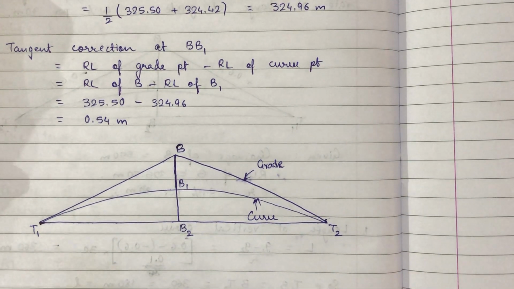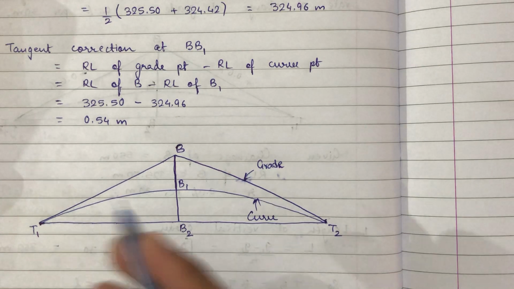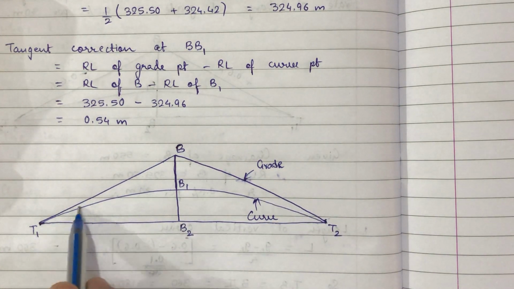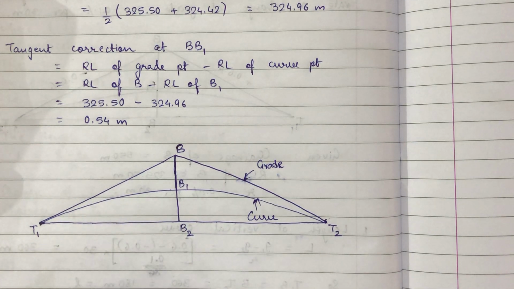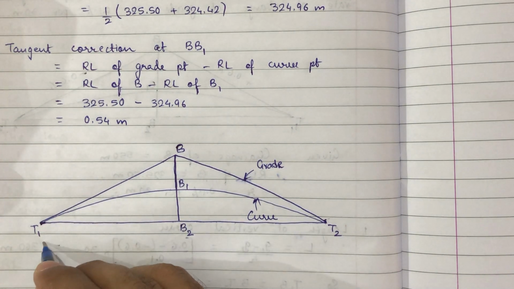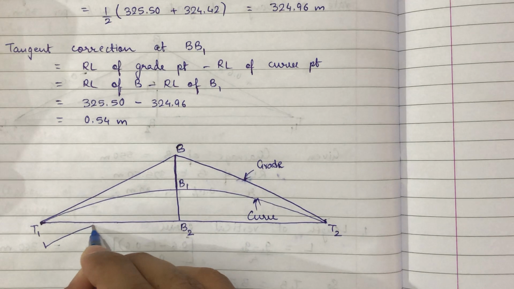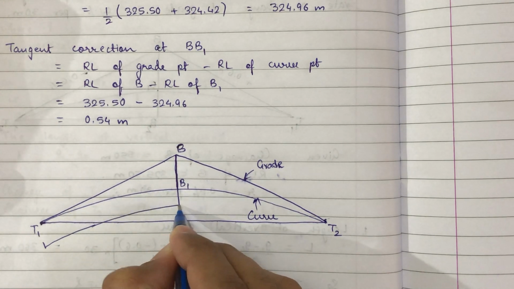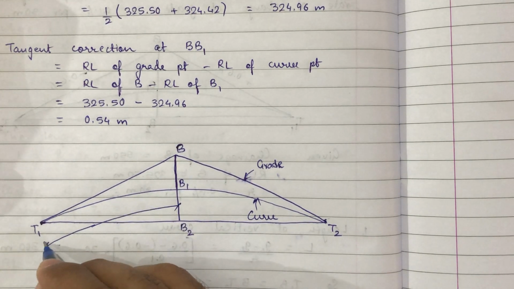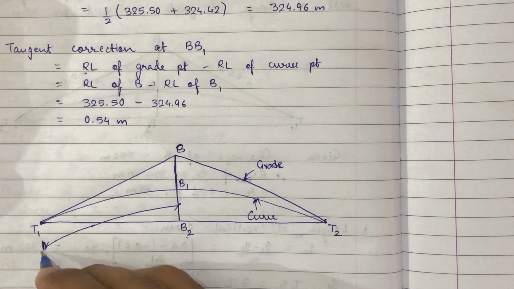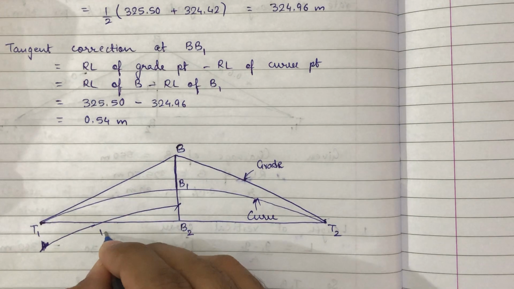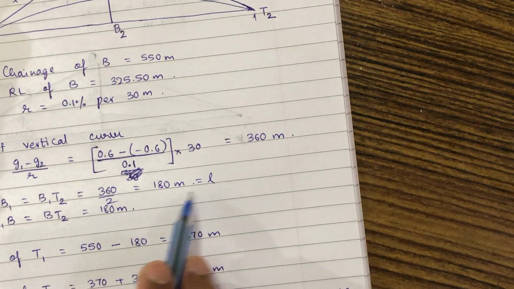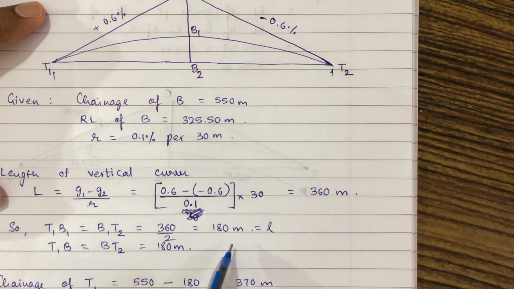Now, similarly, if we need to find tangent corrections at various points on this curve, we know that from here till here, this is the half length of the curve, and this half length L is given as 180 meter. We have already calculated this.